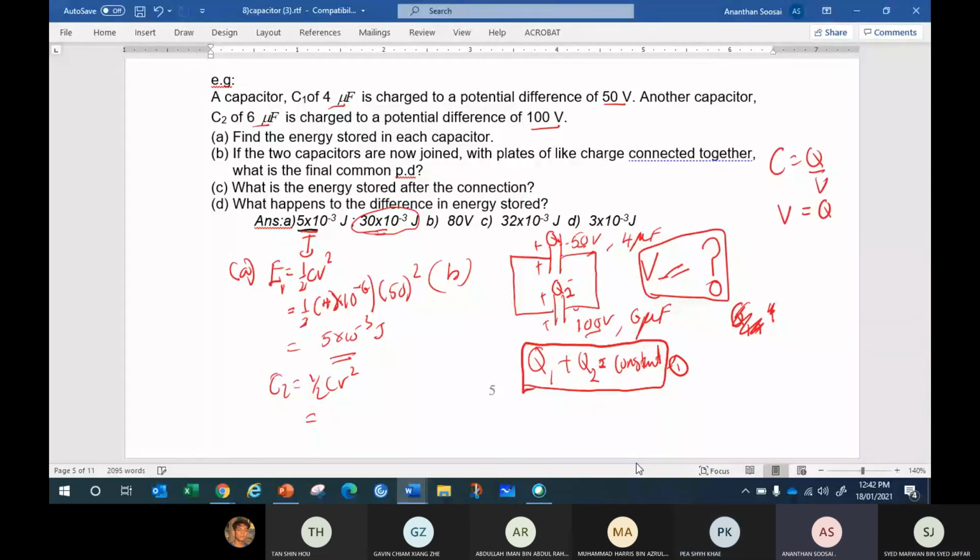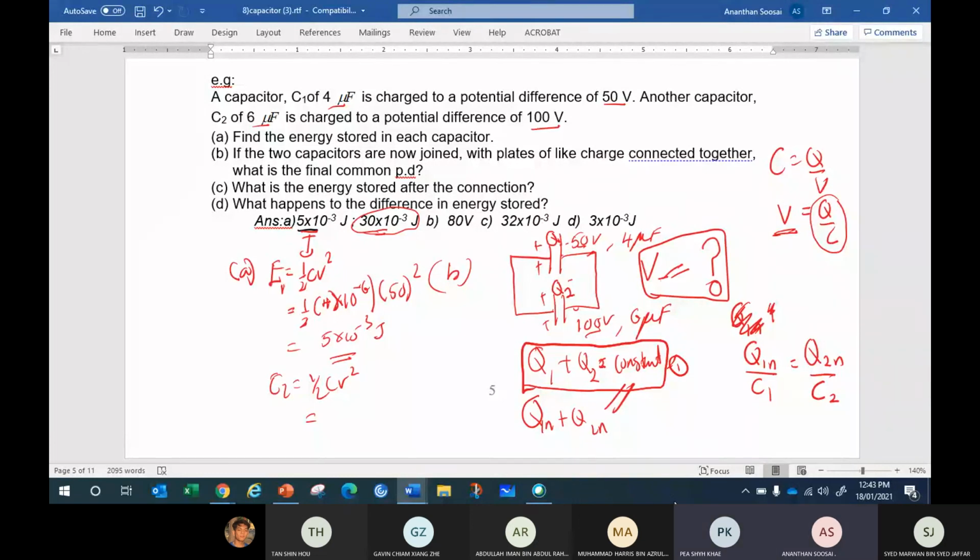So V is Q over C. Because both have the common voltage, the Q over C for both capacitors must be the same. So Q1 new over C1 must equal Q2 new over C2. This Q1, Q2 is different from Q1 new, Q2 new. But what we know is that Q1 new plus Q2 new is the same as the constant above. The total charge is the same.